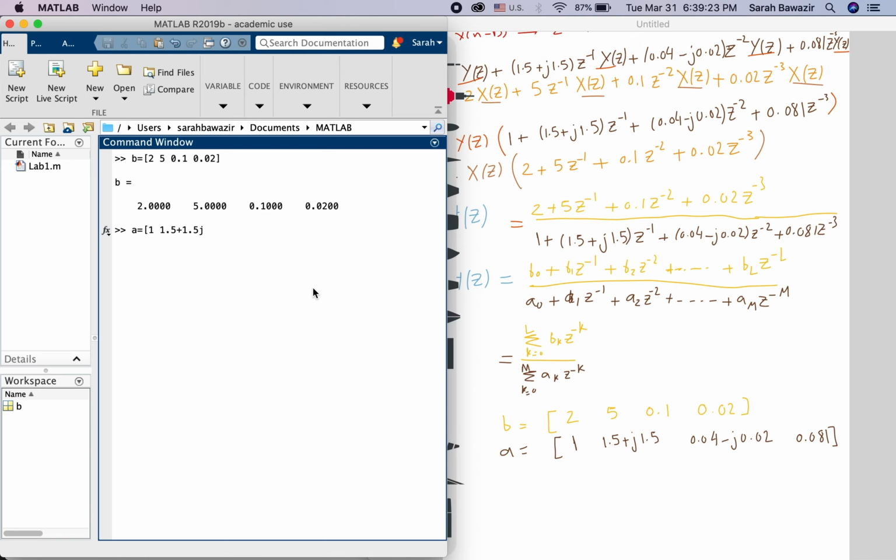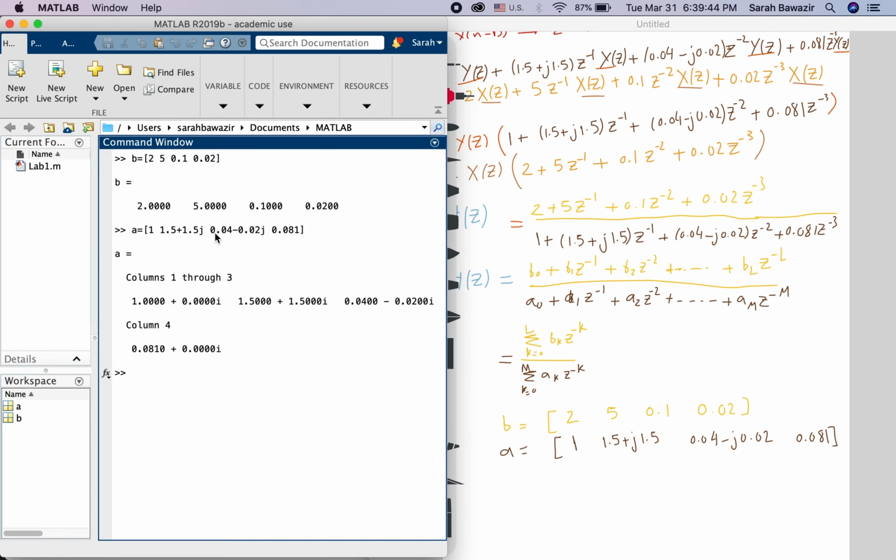Notice here in MATLAB you have to write j at the end. Space, 0.04 minus 0.02j, space, 0.081.